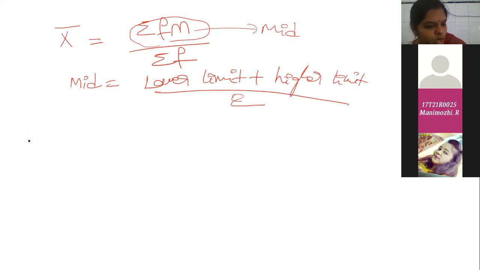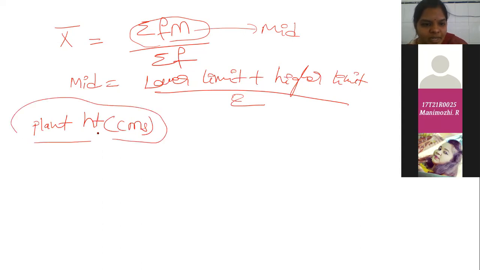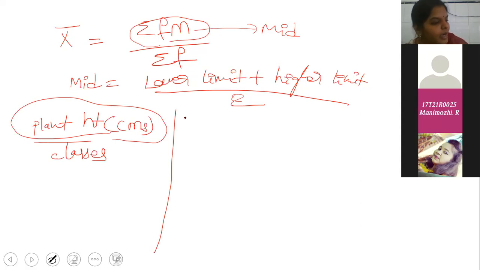Just make it into 2 columns. Plant height, which will be present in centimeters, is nothing but your class. This is one column. And the second one is number of varieties.